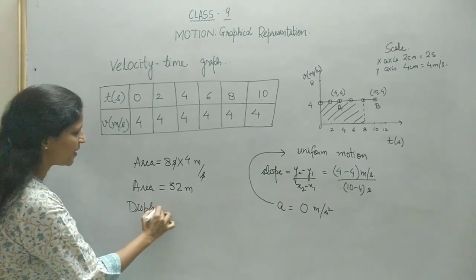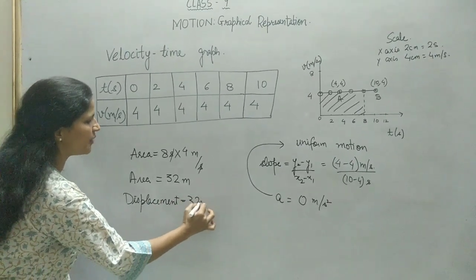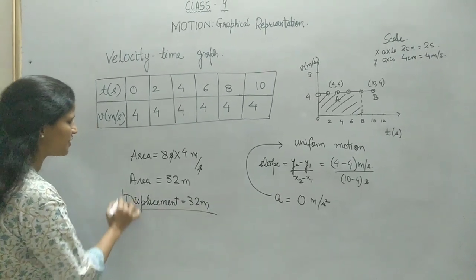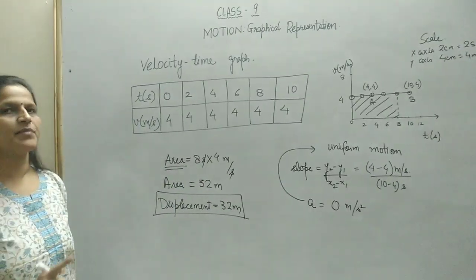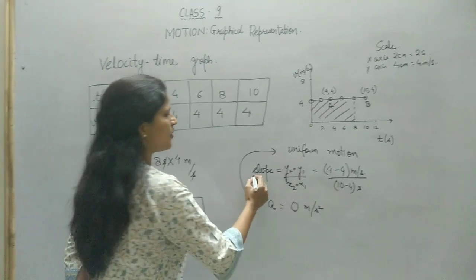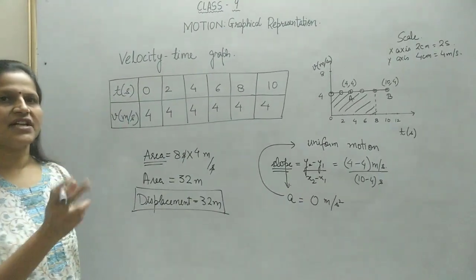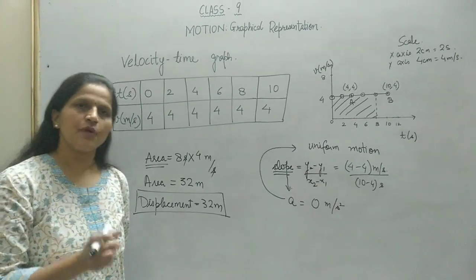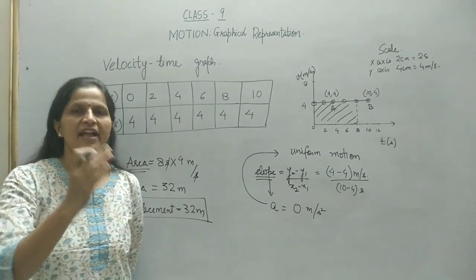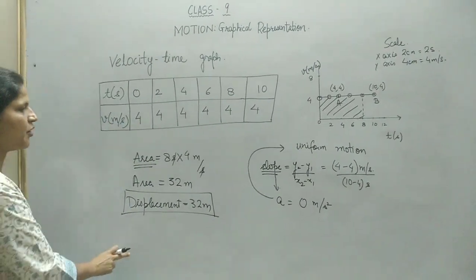This is displacement. So displacement comes out to be 32 meters. So we have seen two things here: by finding the area we get the displacement of the body, and by finding the slope we get the acceleration of the body. So these are the two properties of the velocity time graph: its slope gives us acceleration and the area bound by the velocity time graph gives us the displacement of the body.